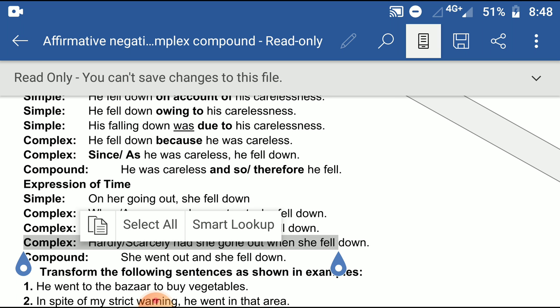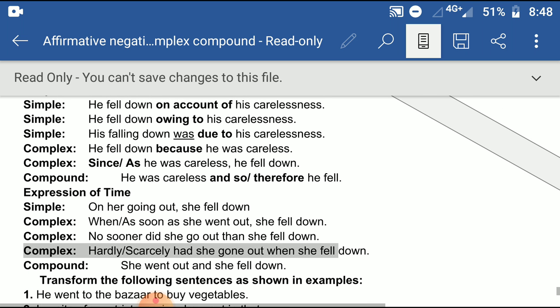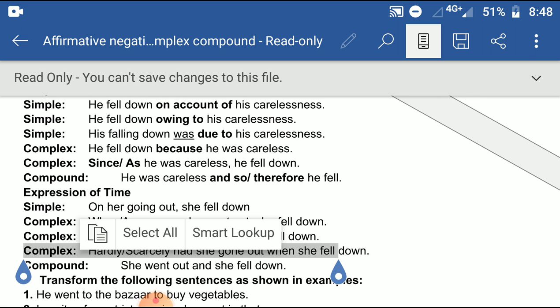We need two verbs. So his will become he. When we change a possessive pronoun my, your, his, her, our, their, its into a subjective pronoun I, we, you, they, he, she, it, a subject needs a verb whereas a possessive pronoun needs a noun.